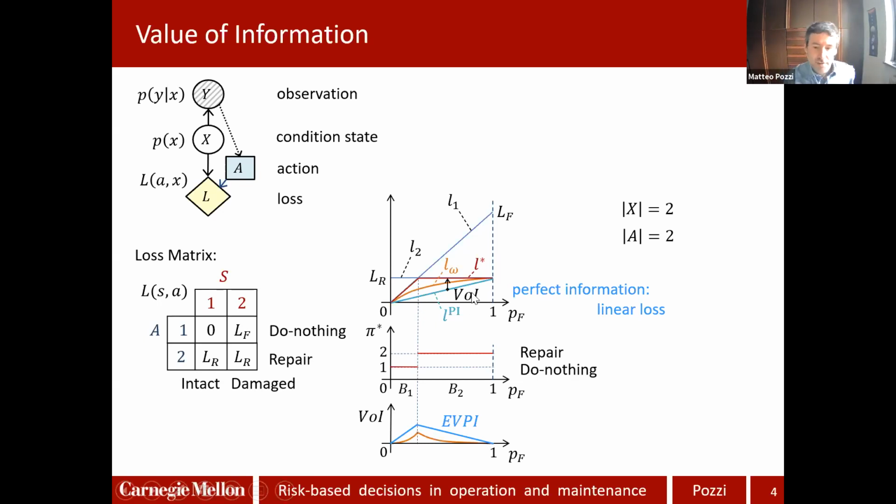And instead, if your observation is imperfect, your posterior loss would be somehow in between that with perfect information and that without information. And correspondingly, you have this value of information that is less than that related to perfect information, but in this case has a similar shape.